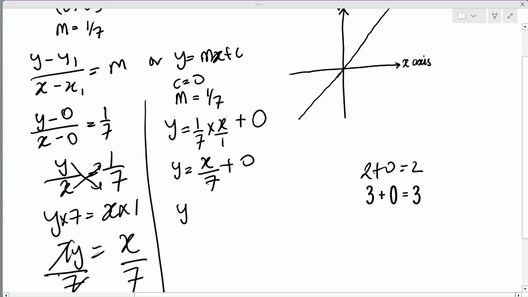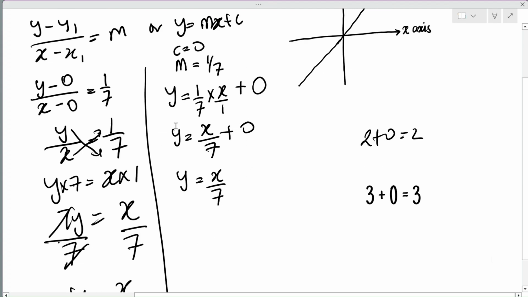So we have y equals x/7, because x/7 plus 0 is x/7. So based on the information we have, using this method is relatively easier than applying the first method. So we have y equals x/7, and there we can start inserting our options and see if inserting the x coordinate of the option will give the y coordinate as the answer. And we've done that already.